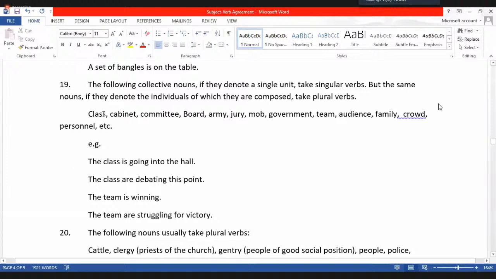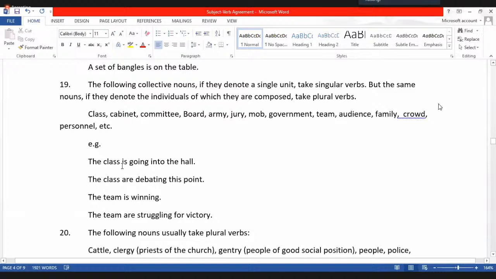The words are class, cabinet, committee, board, army, jury. Jury means the people gathered in court to hear the case. Mob, crowd, heat, government, team, audience, family, personnel, etc.